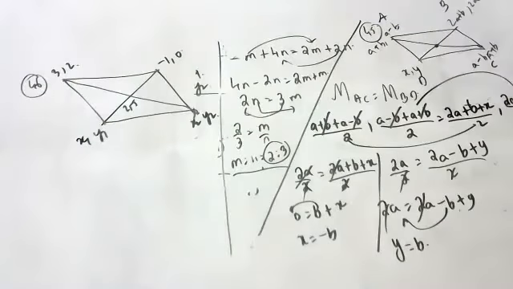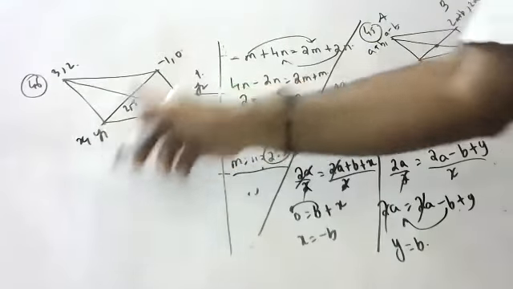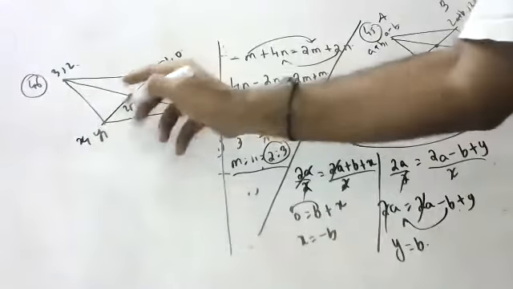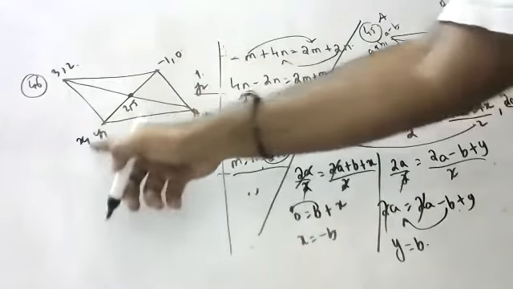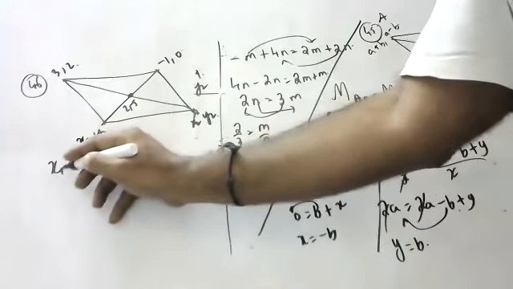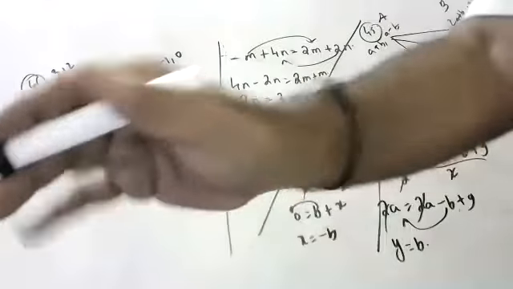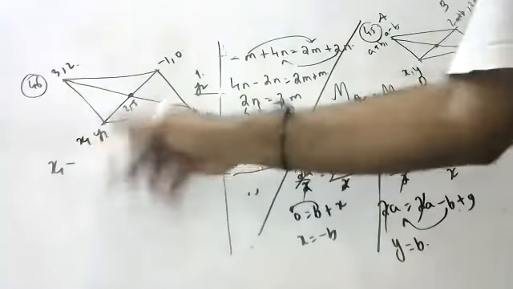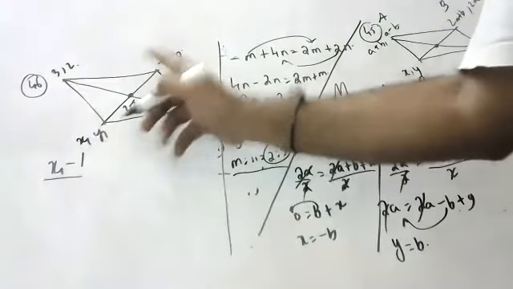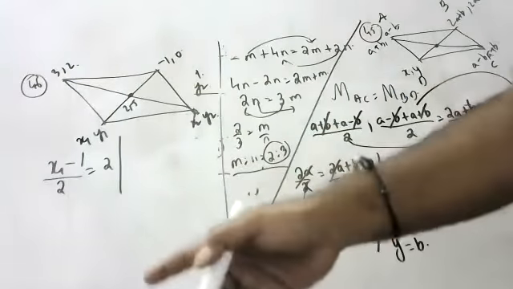Okay children, Mohana, can you tell this one? This is the midpoint, so tell me. x1 minus 1 by 2 is equal to 2.